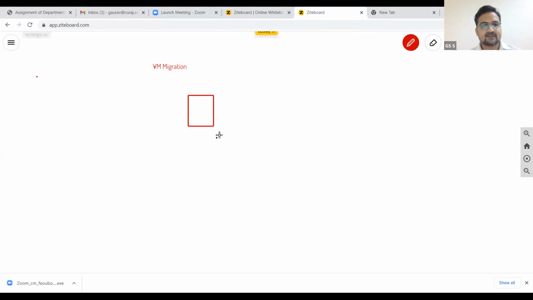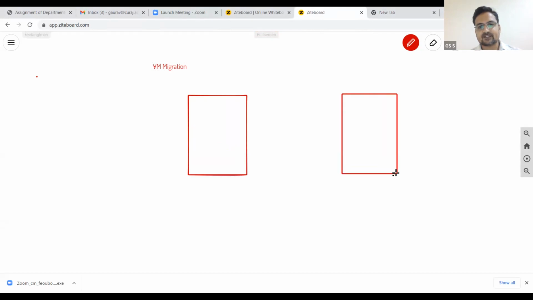This diagram, which I am creating here, depicts two physical servers in a data center. This is physical server 1 and another physical server which I have is physical server 2. This physical server is virtualized.